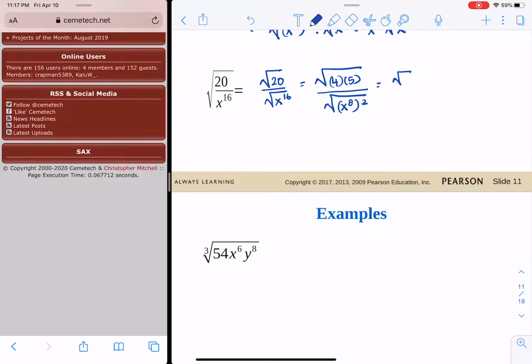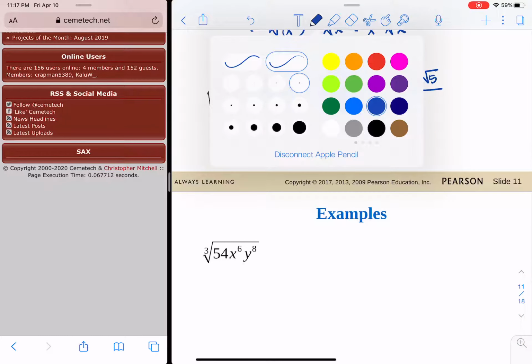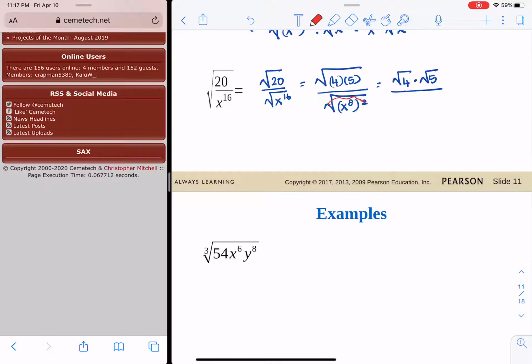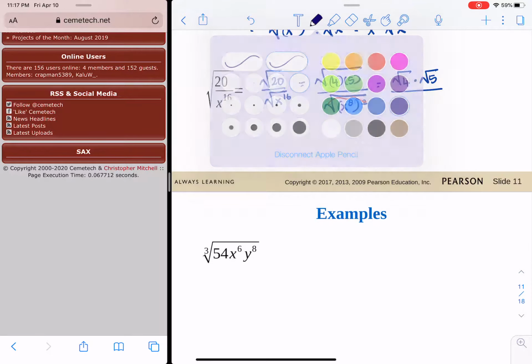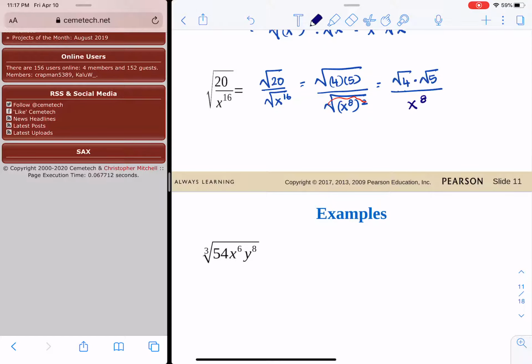Split the roots in the numerator using the product rule. We have the square root of 4 times the square root of 5. In the denominator, those two would go away and we would simply have x raised to 8. And we know the square root of 4 is 2.